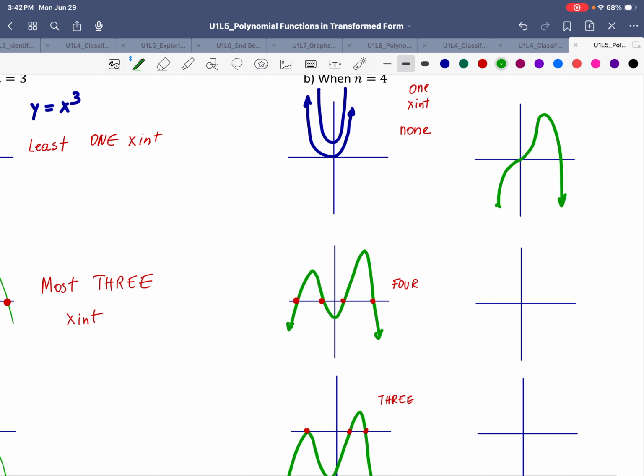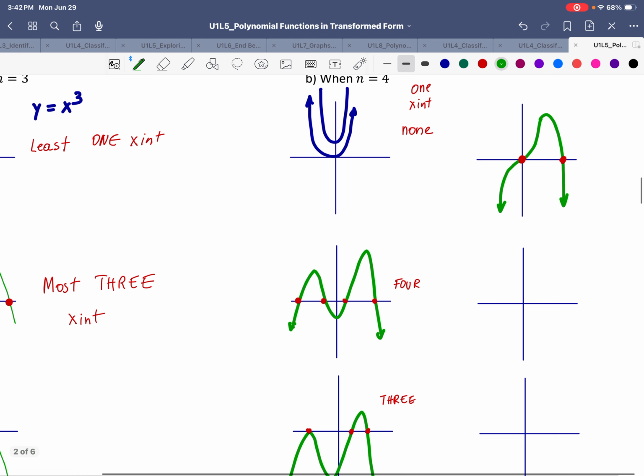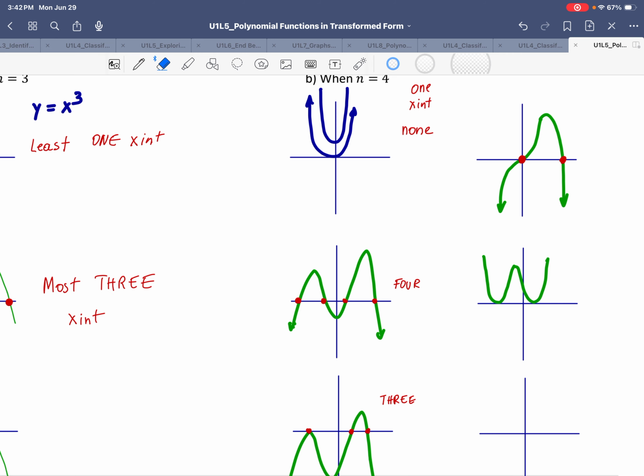And you can see that in this case we have 2 x-intercepts. Another way the graph can make 2 x-intercepts is when you have, for example, a W shape, and the graph is touching just at these 2 points. Or this W shape can be moved down like this. That's another possibility, 2 x-intercepts.